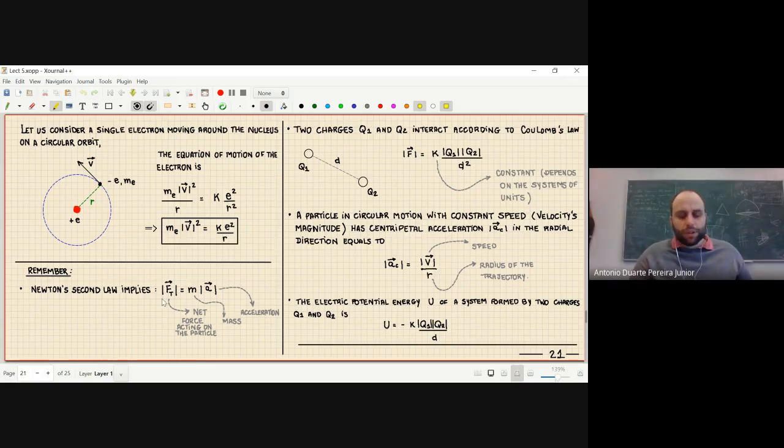Here I'm just looking at the absolute value of the force and the absolute value of the acceleration, or the magnitude, okay? But of course, this equation holds as a vector equation, so I can remove these bars and write that the total force vector is equal to m times the vector acceleration of the particle. So this is Newton's law that describes the motion of a particle.